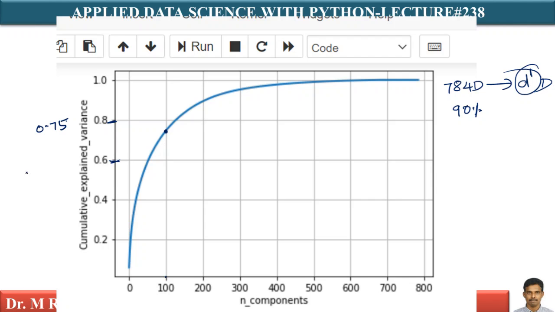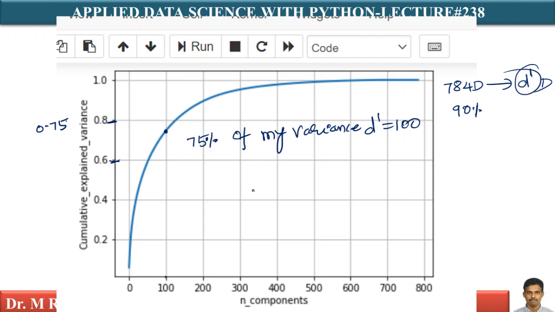What does it mean? 75% of my variance is explained by d dash. What is my d dash? 100 dimensions. Original data size is 784 dimensions. By keeping 100 eigenvectors, I can retain 75% of my variance, isn't it?